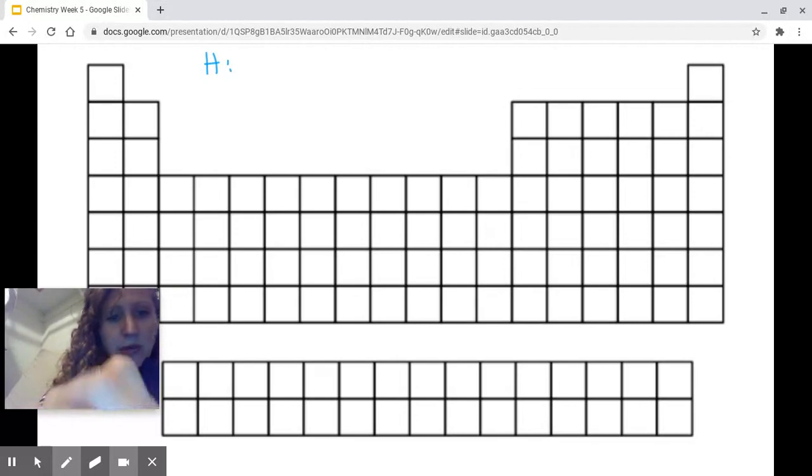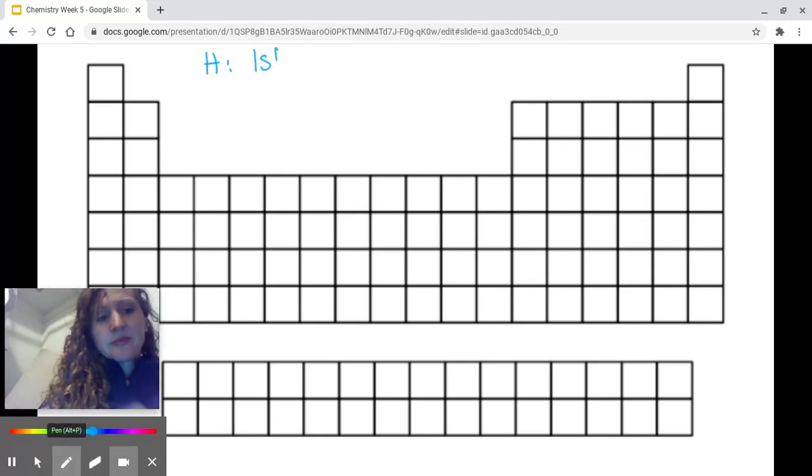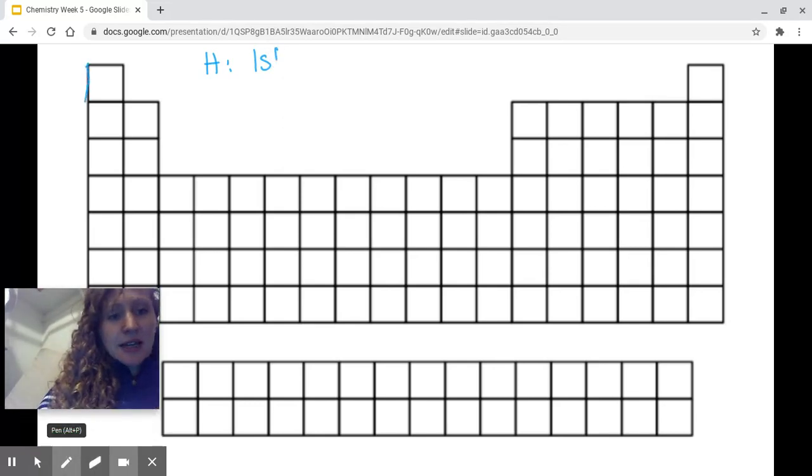Okay, so we're just going to start by writing a couple electron configurations. The first one I'm going to write is hydrogen, and hydrogen is 1s1. Okay, so in the box on the periodic table that belongs to hydrogen, I'm going to write its electron configuration. Now helium is similar. It's 1s2.